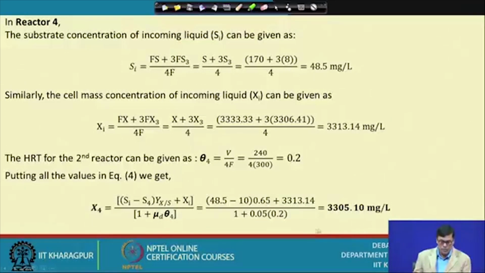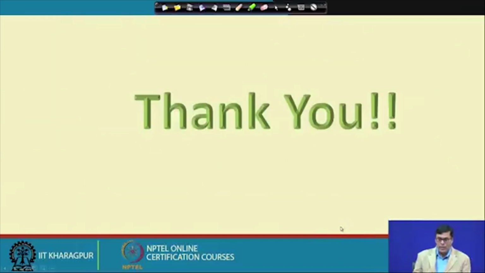Similarly, we can get the same solution, and in conclusion, what I want to tell is that it is very easy to do the process design of the activated sludge process. First we have to find out the conversion efficiency of the process, and then the volume of the reactor, then how much sludge is produced per unit time.